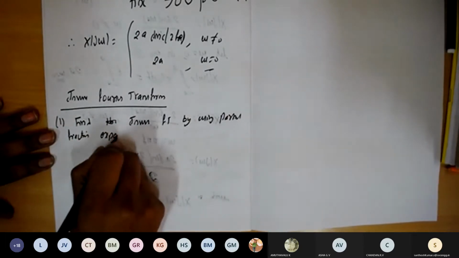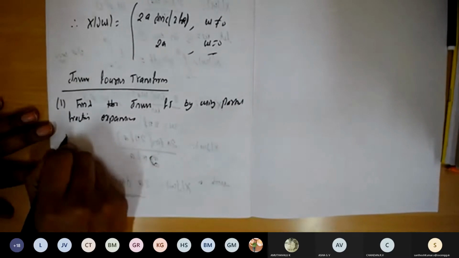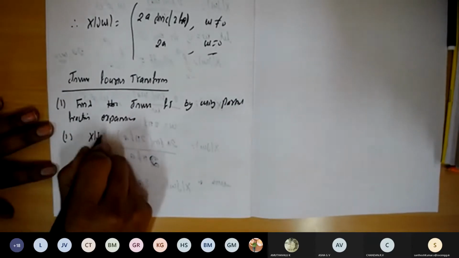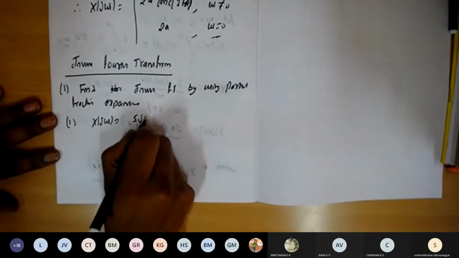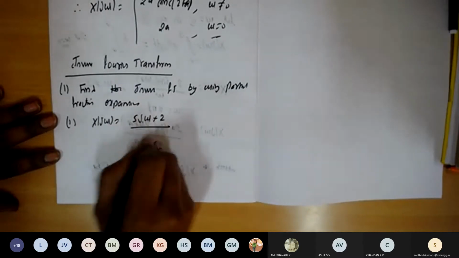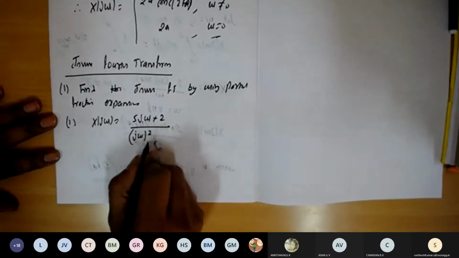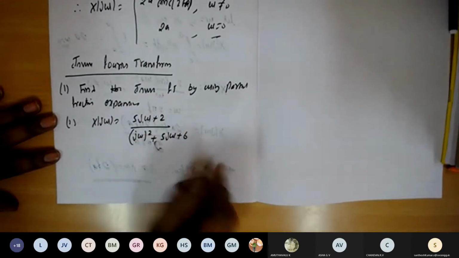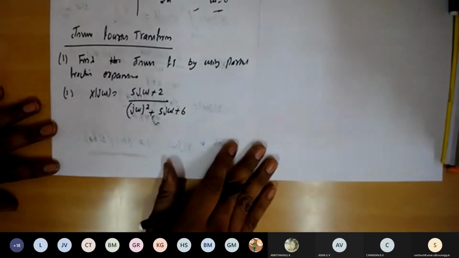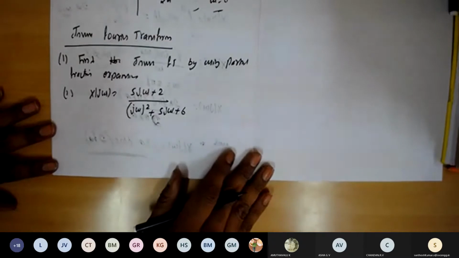We'll consider the first problem: X of j omega equals 5j omega plus 2 divided by (j omega) the whole squared plus 5j omega plus 6. This is the function we need to express in terms of the Fourier transform of the signal.